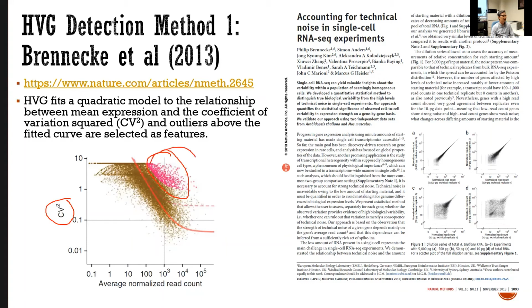Those genes will be identified as highly variable genes because their expression variability measured by CV is higher than expectation, much higher. So this is the method we are going to use to identify the highly variable genes.